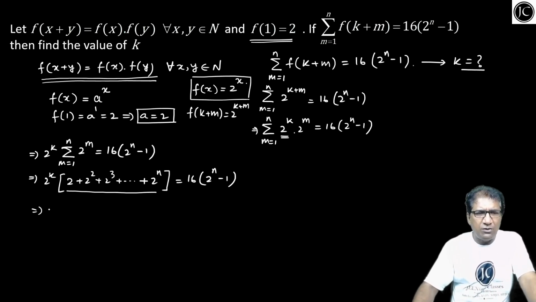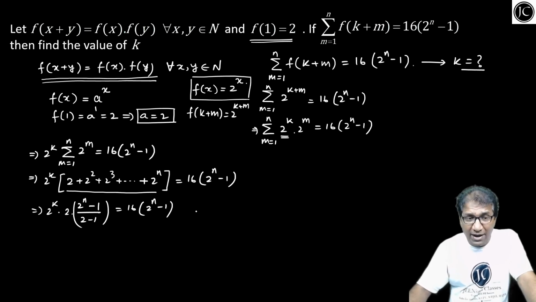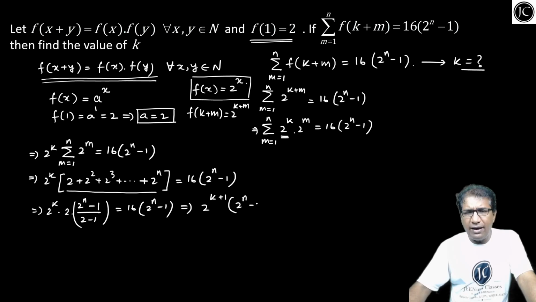So what we can write, 2 to the power n minus 1 divided by 2 minus 1, which is equals to 16 into 2 to the power n minus 1. मतलब क्या आ रहा है, 2 to the power k plus 1 into 2 to the power n minus 1 is equals to 16 into 2 to the power n minus 1.